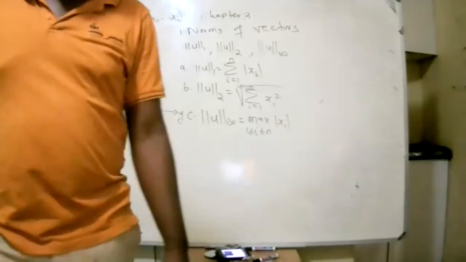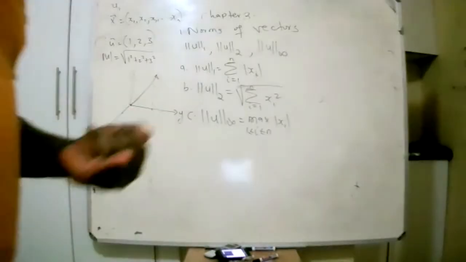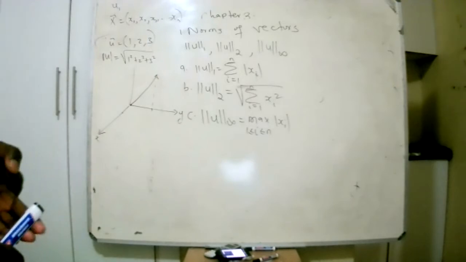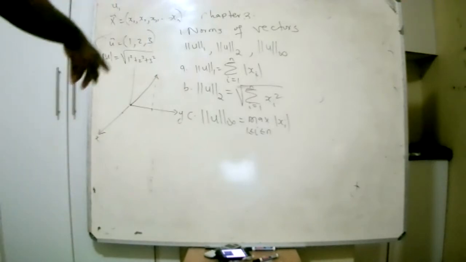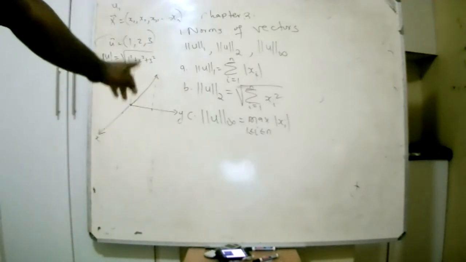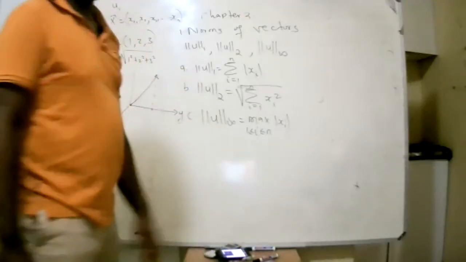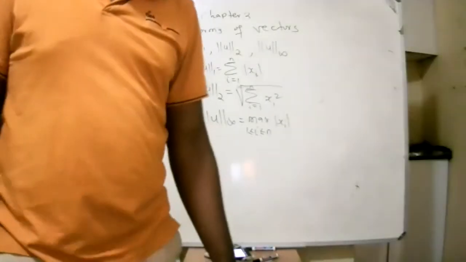Sometimes the question is not specific, so measure 1 norm, 2 norm, and 3 norm. But if it is specific, you need to choose how you measure the vector. You measure the vector with these 3 norms that we have.